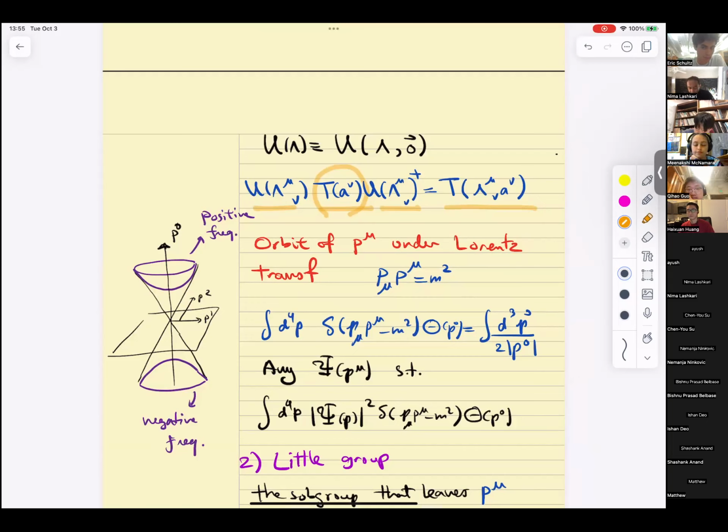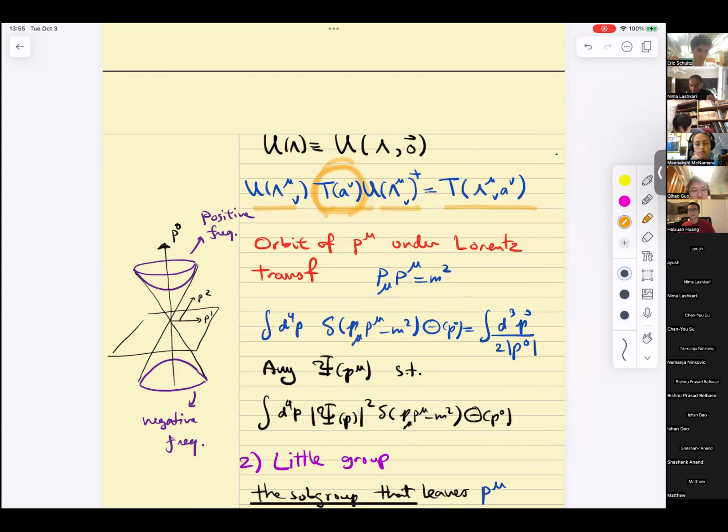What does that mean? It means that, the same way that in the past we integrated along all the momenta, here you're going to integrate over. So you start with a particle, let's say at rest. Under Lorentz transformations, you're going to generate the four-momentum, right?